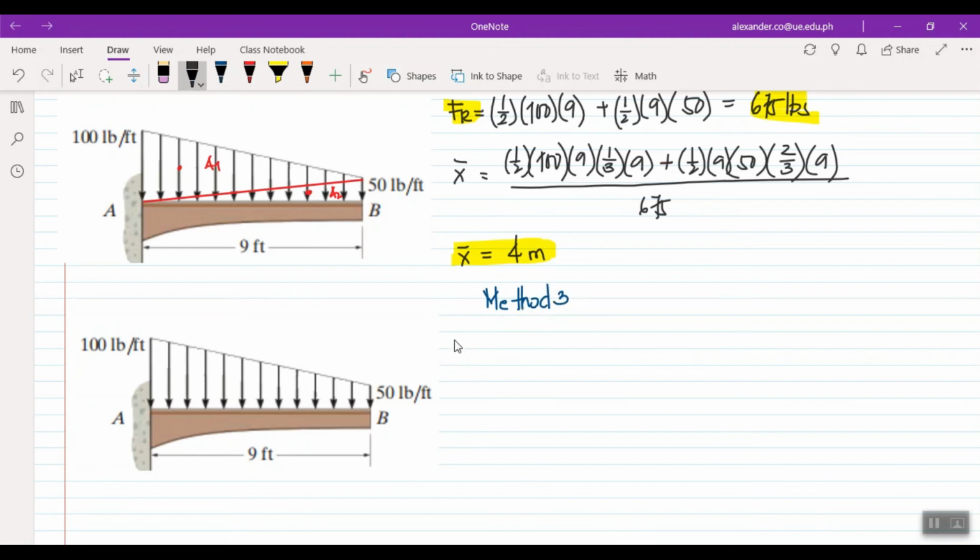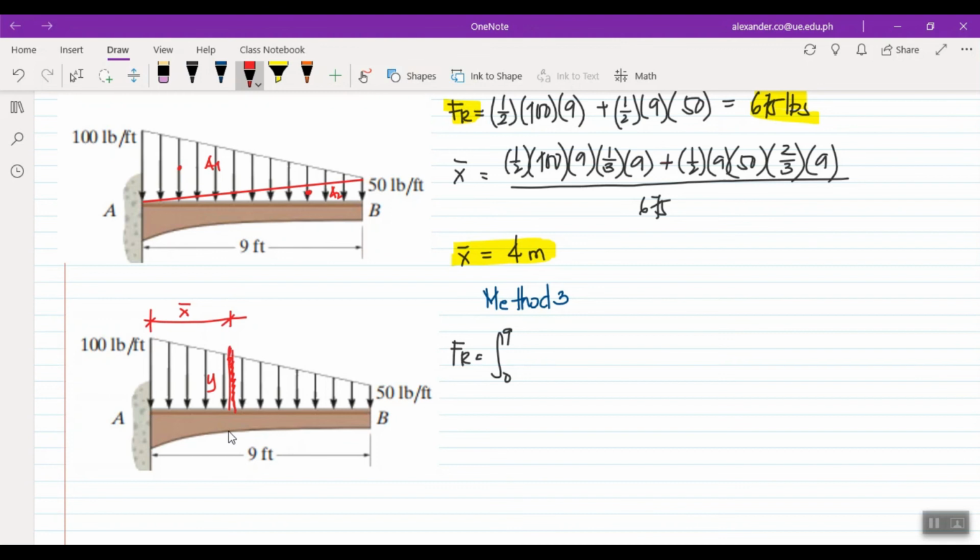What is F sub R? From 0 to 9, that's the limit. Here I'll make a strip. Again, I'll call the height y, and this is x bar.